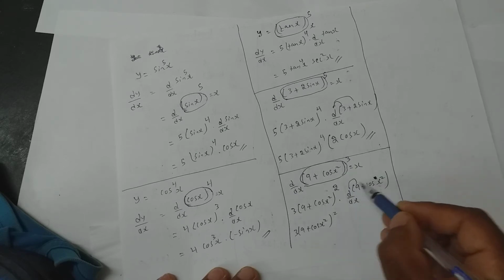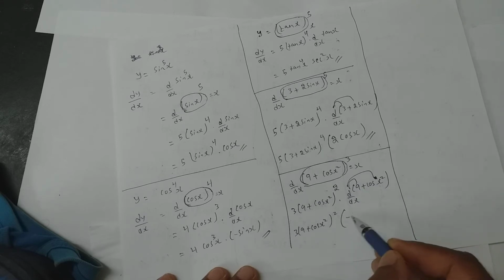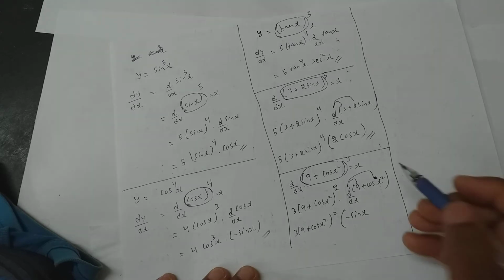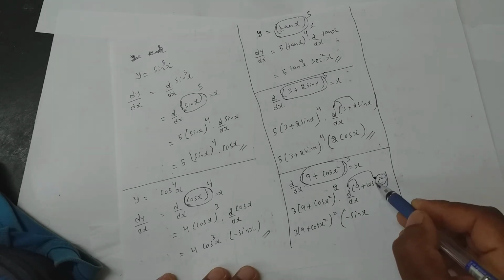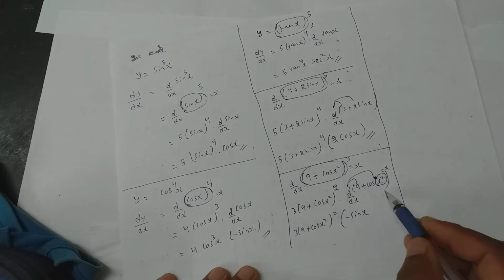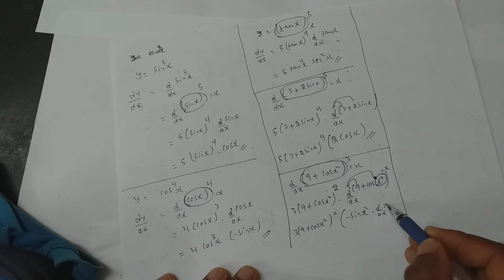Now when it is applied on 9 it is 0. When it is applied on cos x^2, what is the differentiation? Minus sin. Here again students go wrong, where this is not cos x. So this you will assume it to be x. So you assumed x, so you need to differentiate your assumption. Am I clear students?